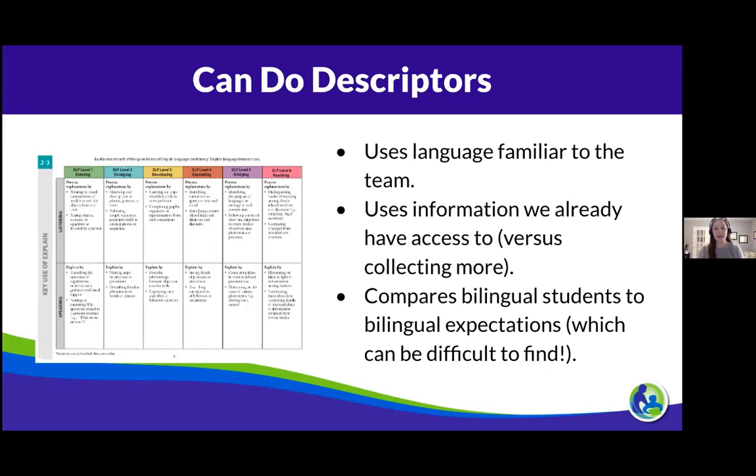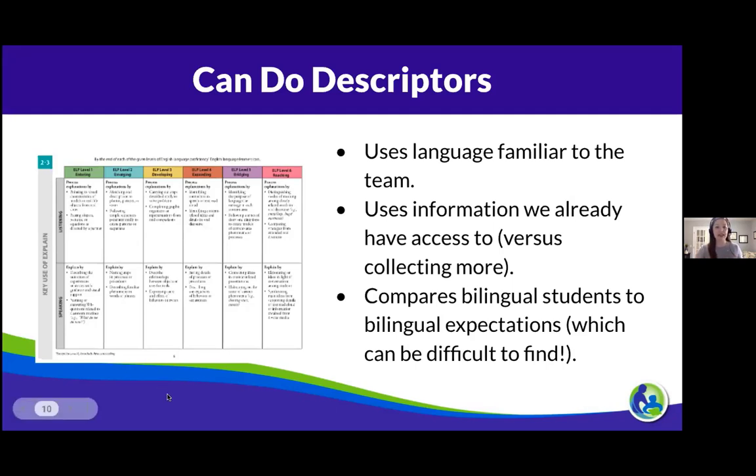And again, this is the big one. It compares bilingual students to bilingual students, which can be so hard to find. And I say all the time in my presentations, if you find other tools that truly compare dual language learners to other bilingual students, please hook me up because there's like a handful of these. And so we really want to make sure that we are setting that expectation that's appropriate for our dual language learners, and that we don't continue to expect them to reach those expectations for our monolingual English speaking grade level standards.